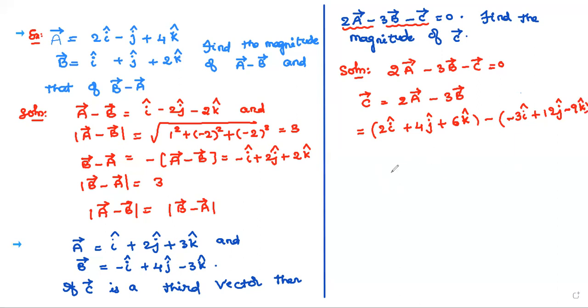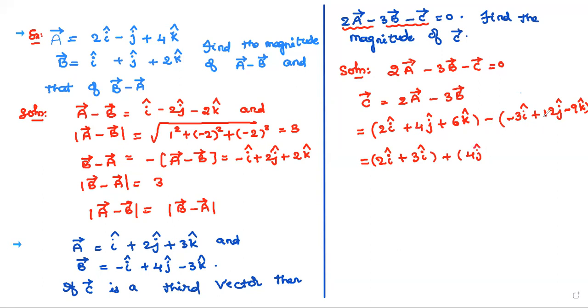This is the vector. So here we are simply doing the subtraction. First I cap with I cap, that is 2 I cap. I cap, if you see here, minus of minus, that is plus 3 I cap. This is the I cap term. Followed by plus 4J cap.